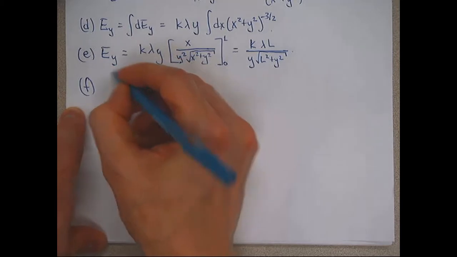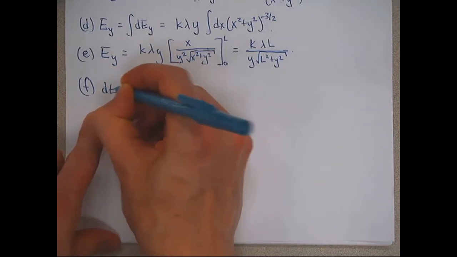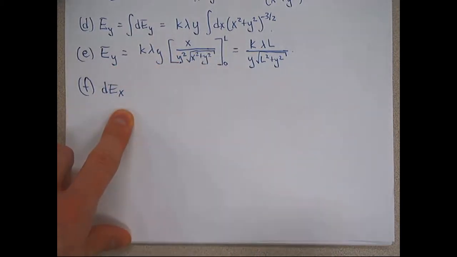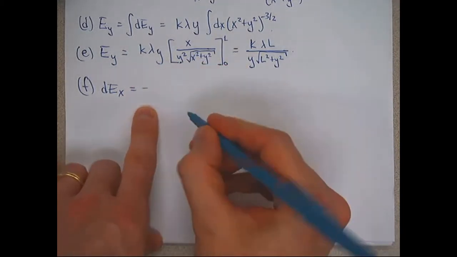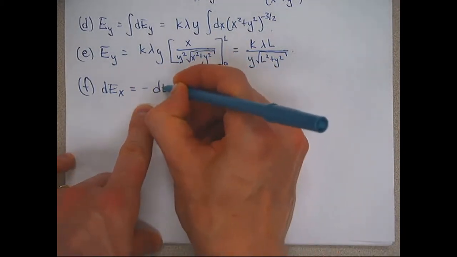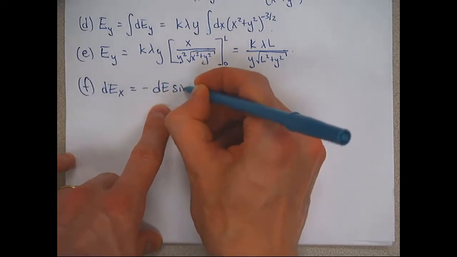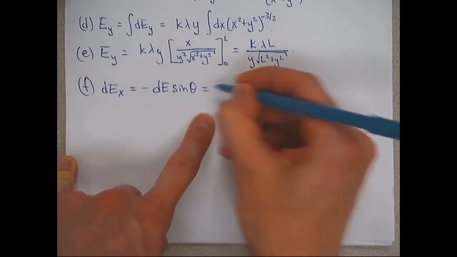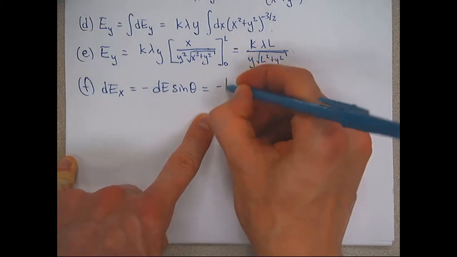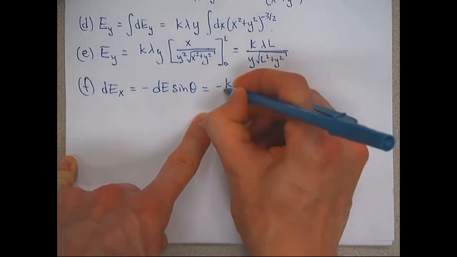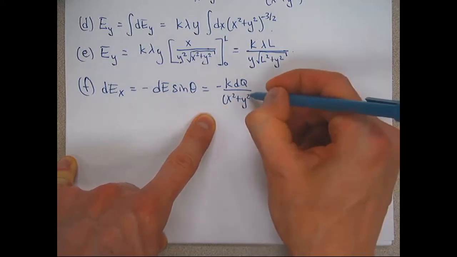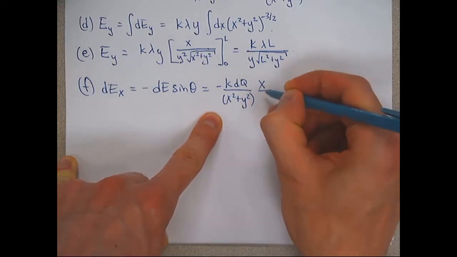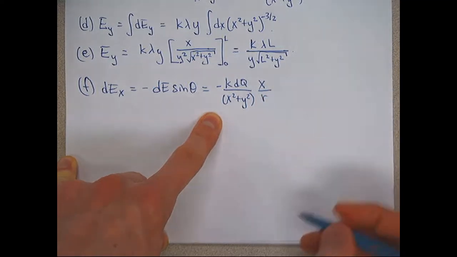We'll treat the x component with the same process, only take the sine of theta. Note also that the x component points to the left, so we need negative dE sine of theta, which is negative k dq over x squared plus y squared. Sine of theta is x over r.